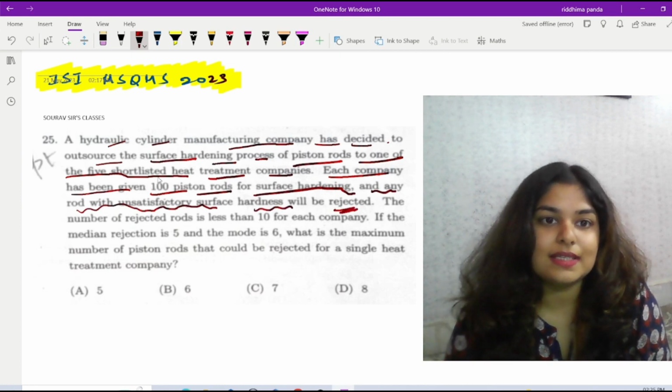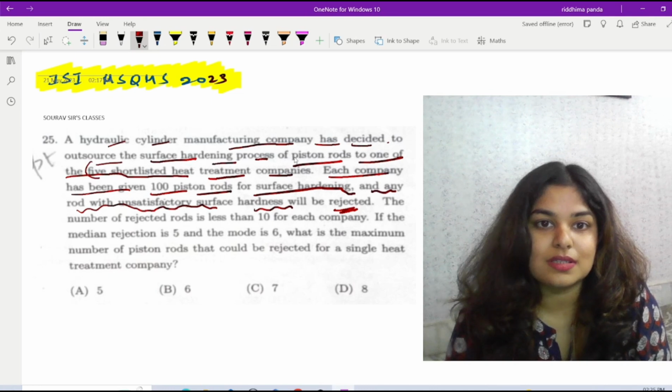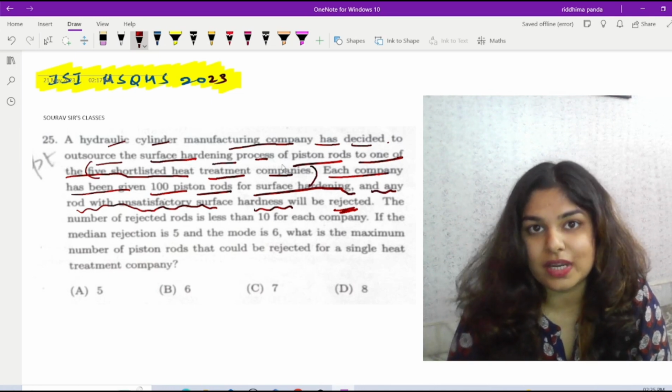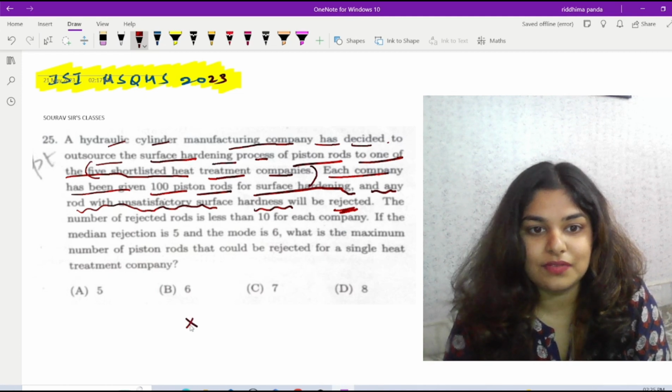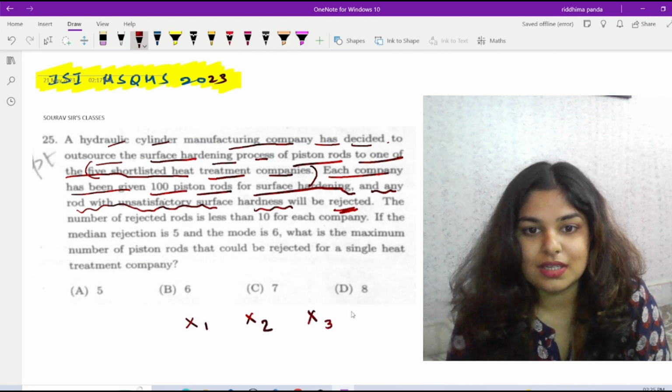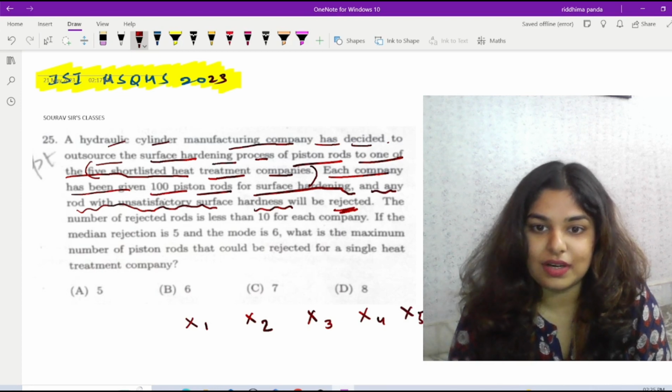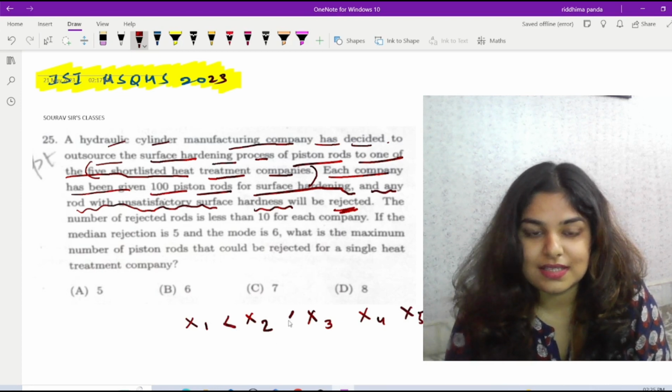So basically, since there are 5 shortlisted companies and each of them rejects some if there is any problem, let's say there are 5 rejections: x1, x2, x3, x4 and x5. And we have arranged it in ascending order.